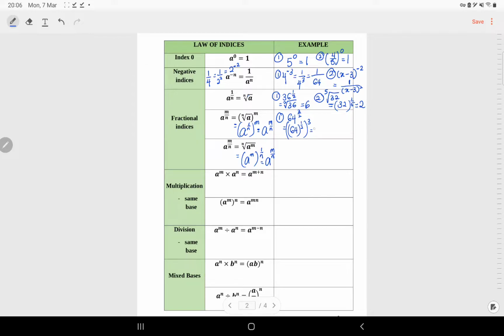And what is square root of 64? It is 8. So 8 to the power 3, that's 512.